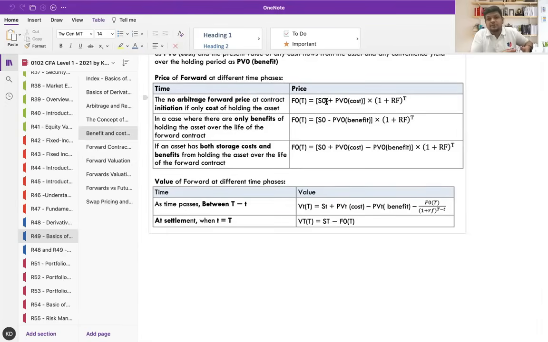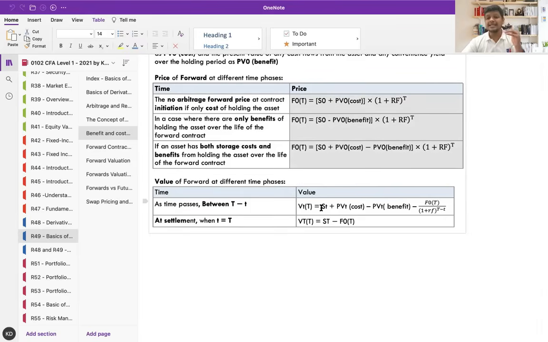Adjust everything in the spot and then take everything to the future by compounding. Clear? We have taken just the dividend, but in reality, if it's spot, add the cost, subtract the benefit, present value of both, right? Then compound it at the risk-free rate and take it into the future. Clear? This is all pricing of the forward.